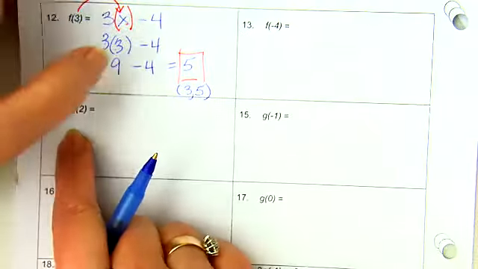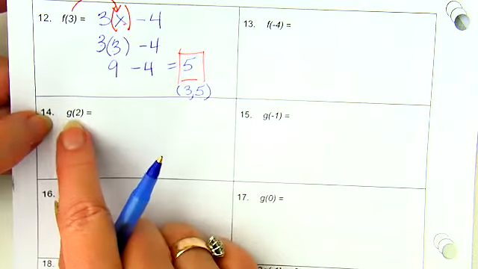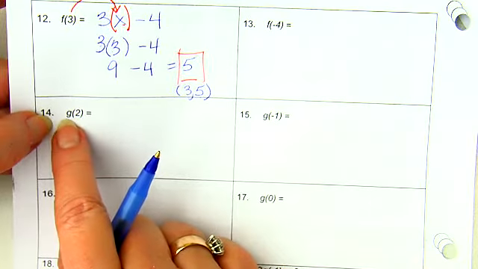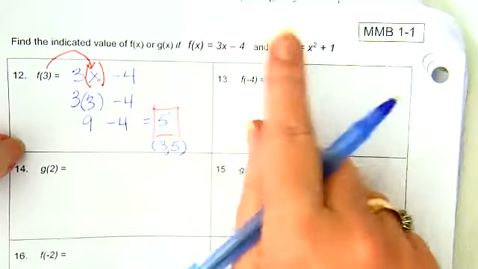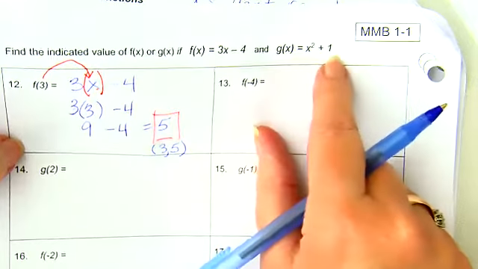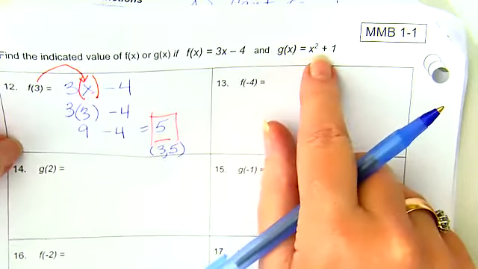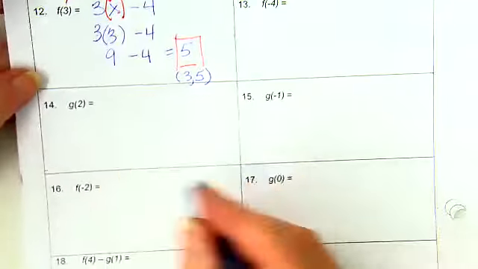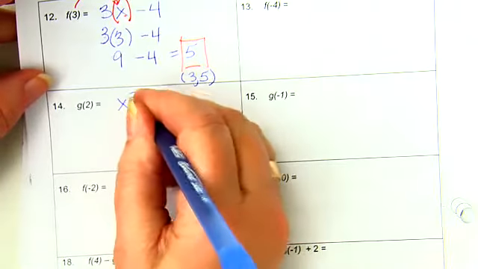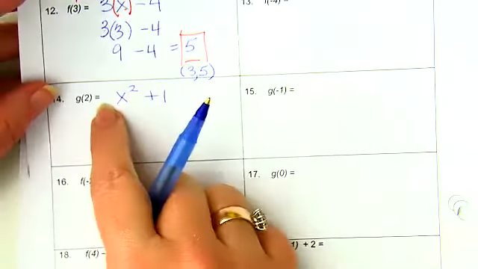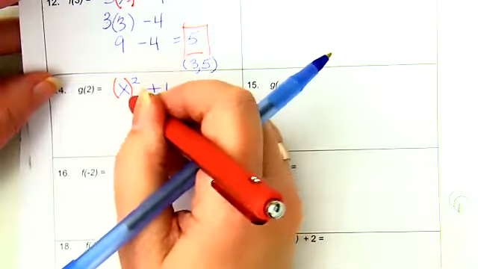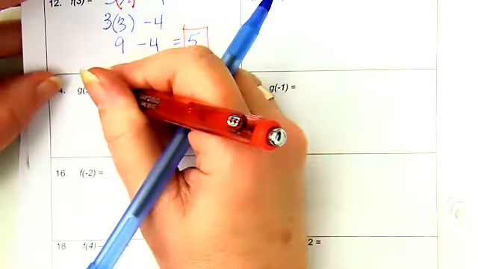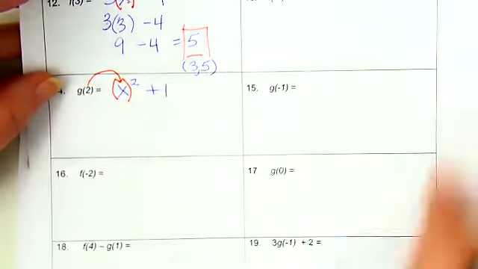But let's say, look at this one. Now this one says G of 2. Because this says G, I'm going to skip this one and go to this one. So G of X says X squared plus 1. I'm going to always write the function rule. I'm going to find the X and put parentheses, then put that in there.